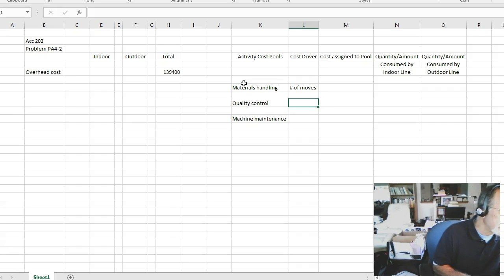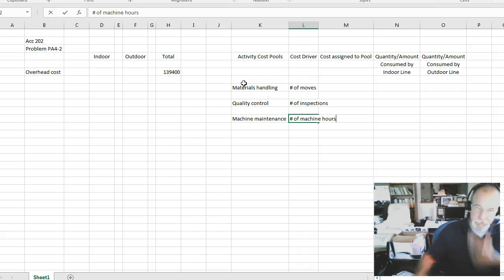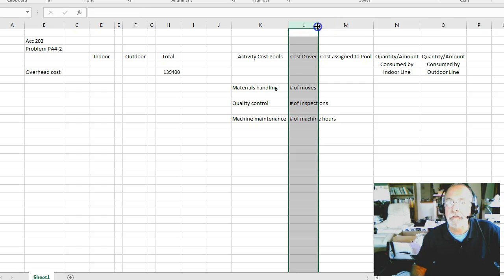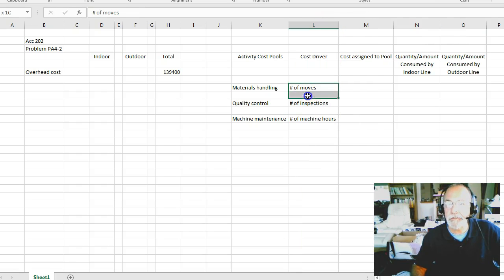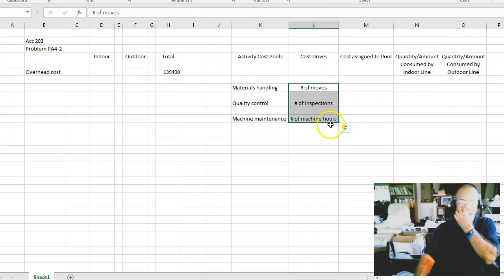The cost driver for the quality control activity would be the number of inspections, and the cost driver for the machine maintenance activity would be the number of machine hours used in production. Of course, all of these numbers would relate to the production of the products.